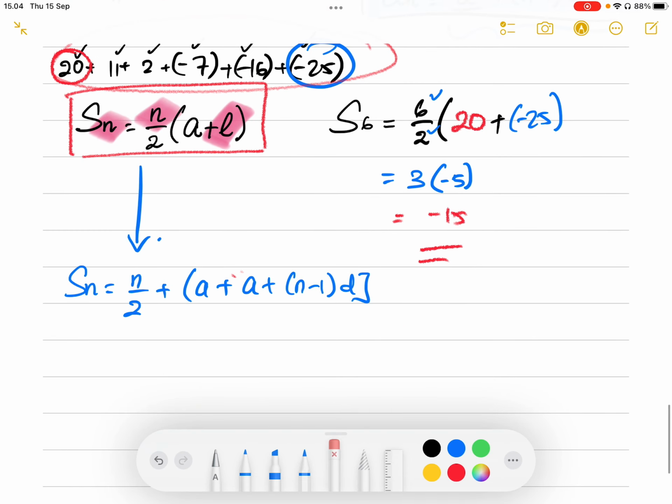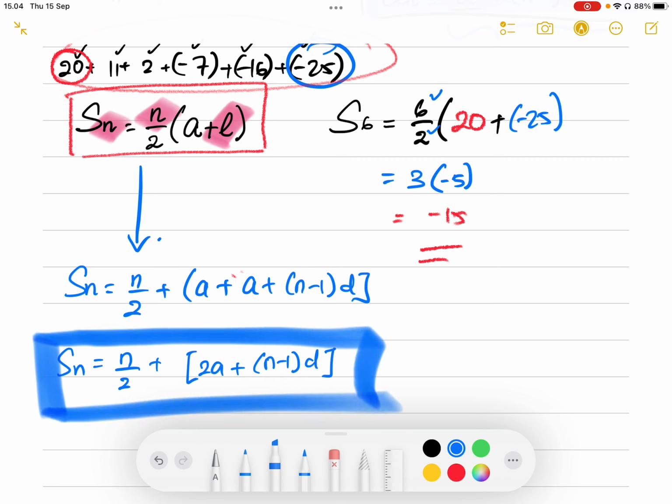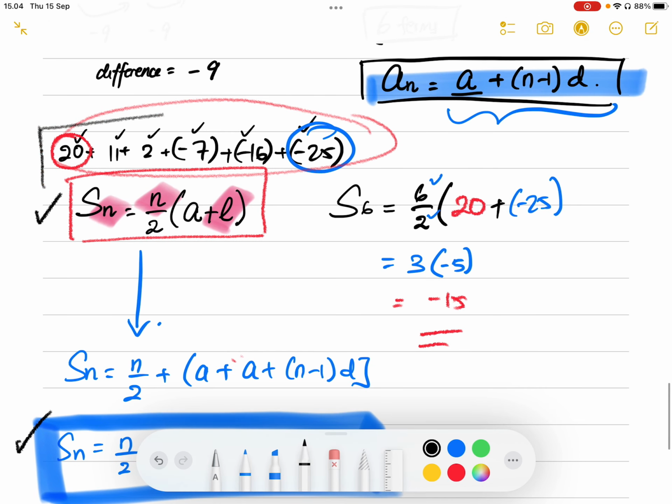So when we open it up, Sn equals n over 2 times 2a plus n minus 1 times the difference. So you get another formula, which is a derivation of the previous formula. This is the formula to find the sum of a particular number series.